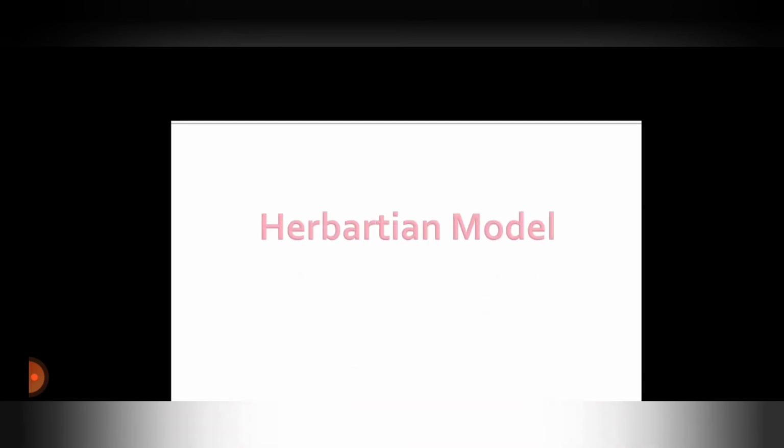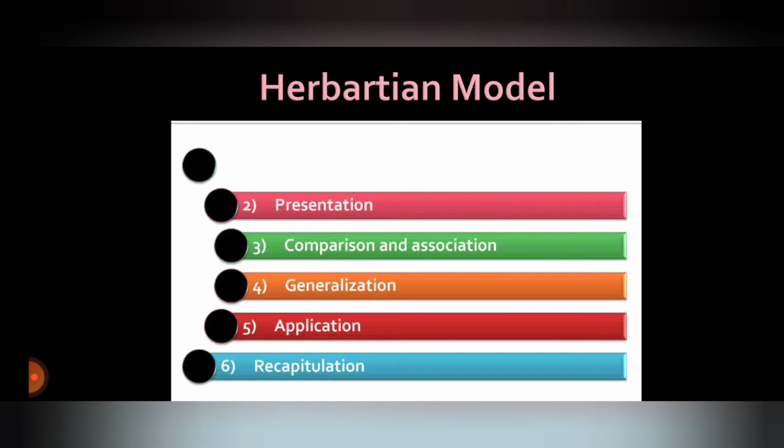So it is also called as classical theory of lesson planning or classical lesson plan. So in this it has got 6 steps. So the first one is preparation or introduction, and then presentation, comparison and association, generalization, application, and recapitulation.